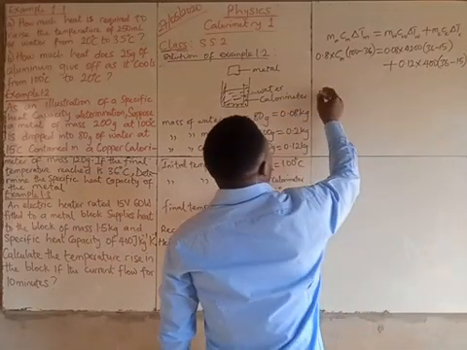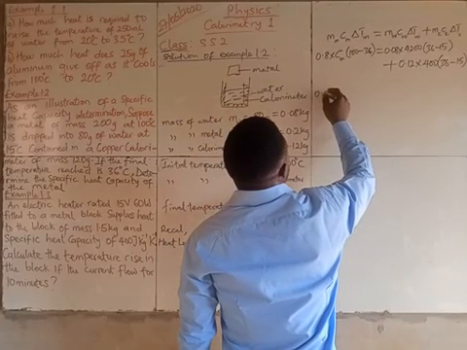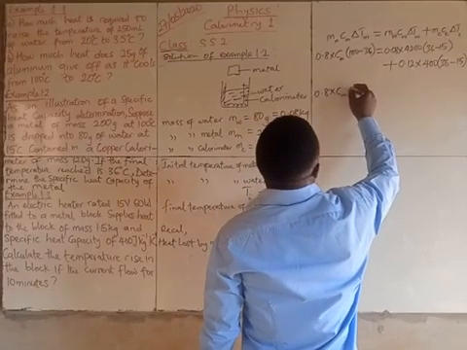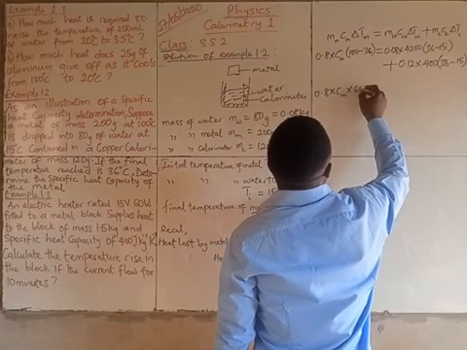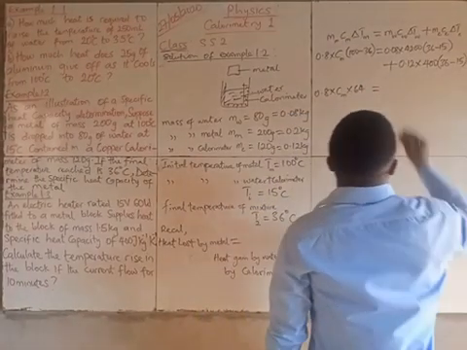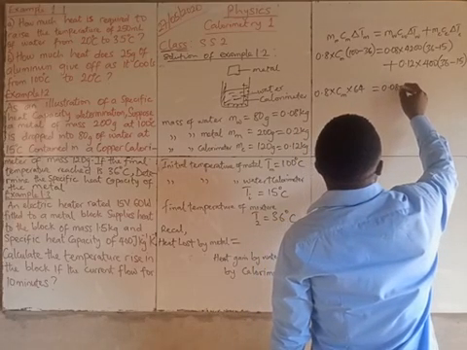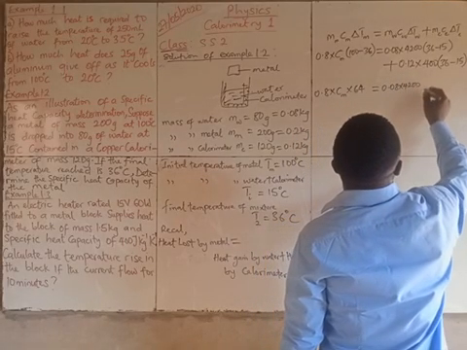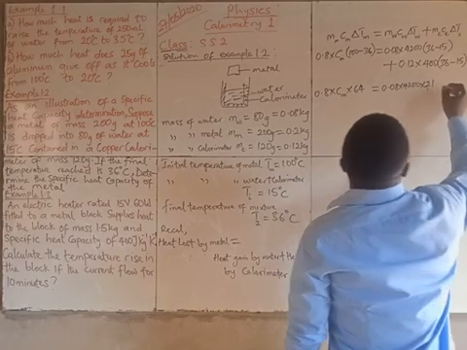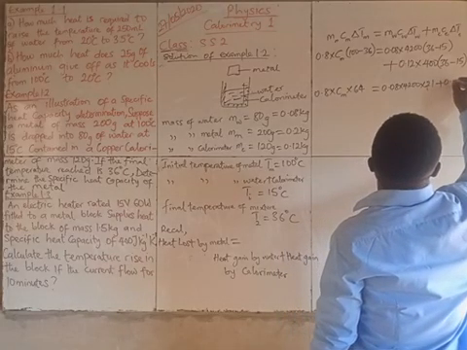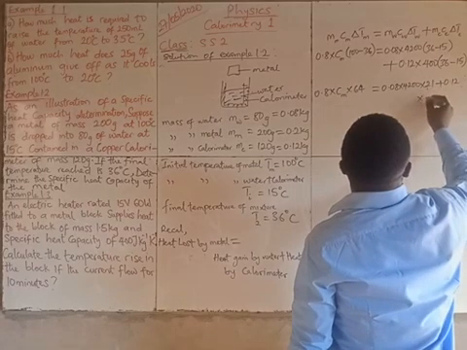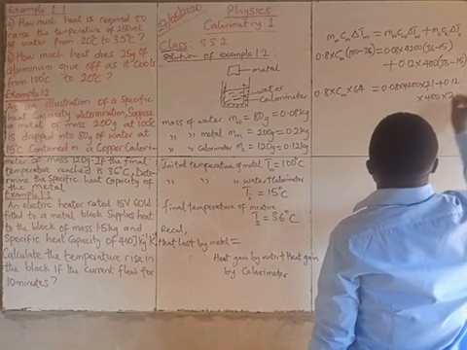And this will give us 0.8 times Cm, then times 64, equals 0.08 times 4,200 times 21, plus 0.12 times 400 times 21.